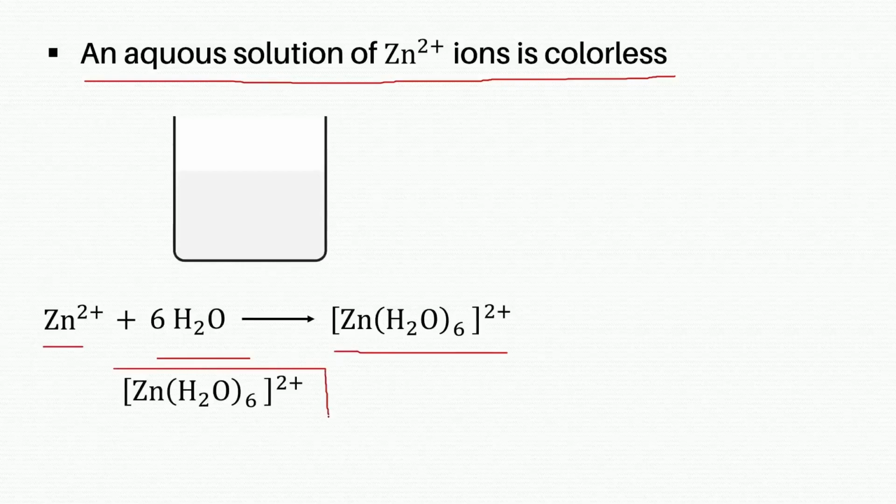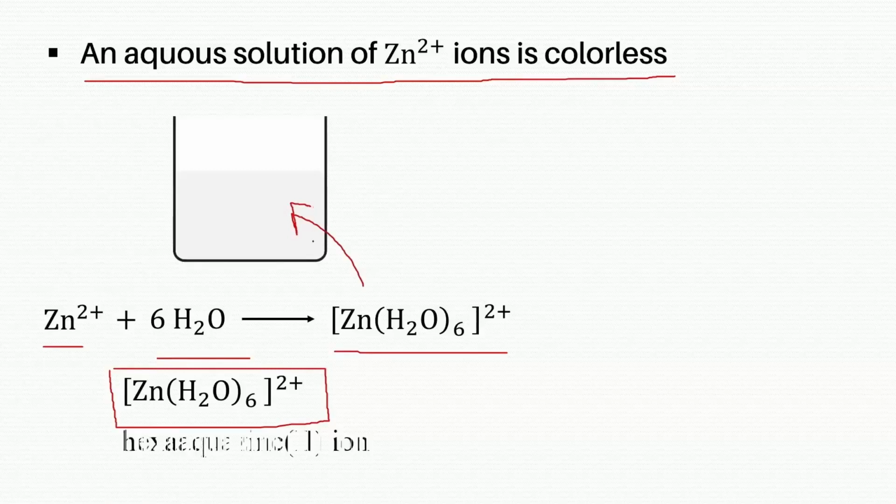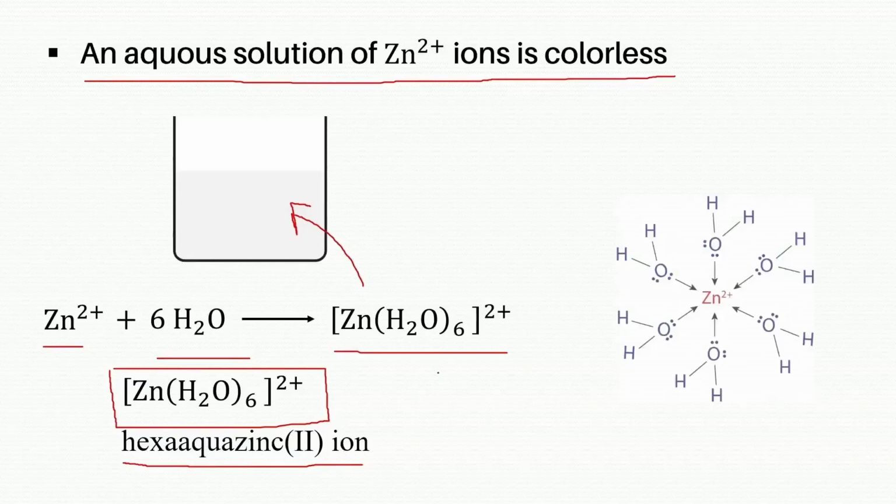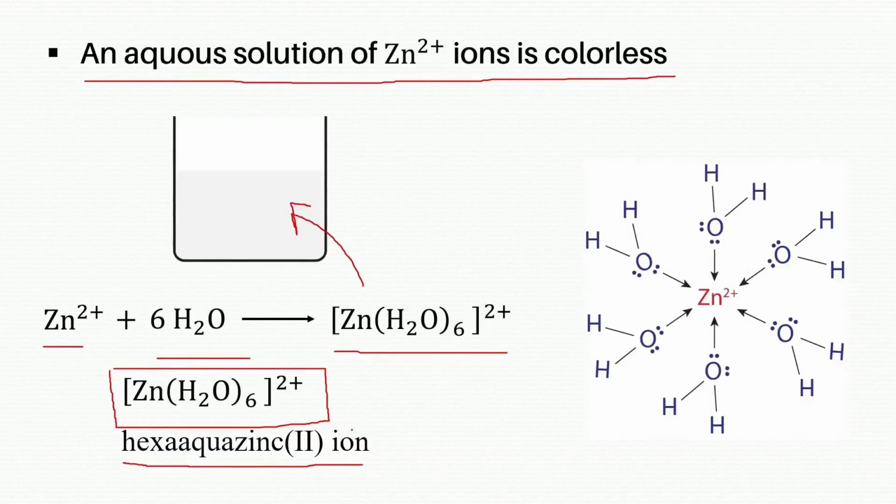[Zn(H2O)6]2+ complex ion is colorless. This colorless nature is due to this complex ion. Its IUPAC name is hexaaqua zinc(II) ion. The shape of this complex ion is octahedral again, and the structure is also the same as the previous complexes.